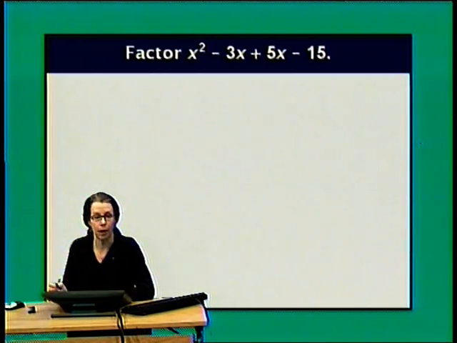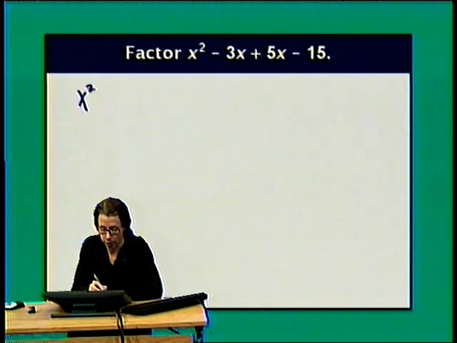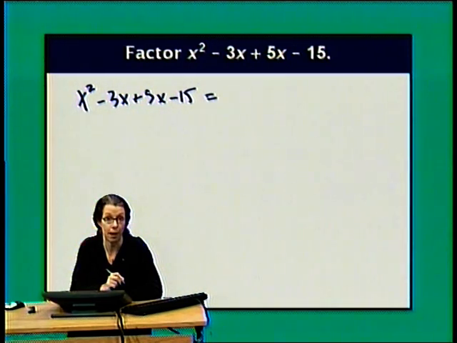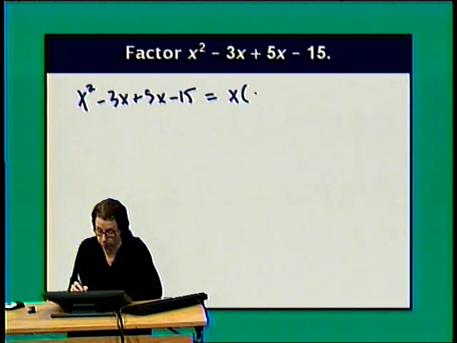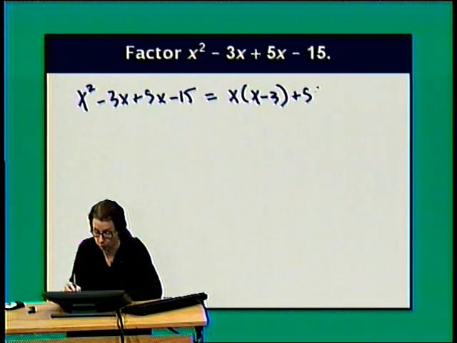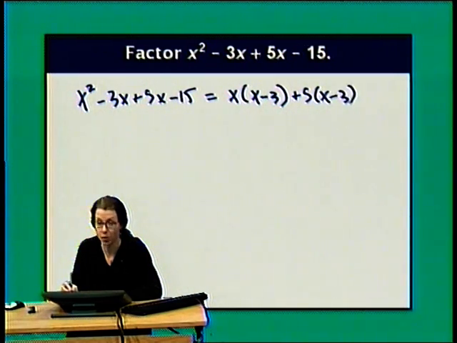Let's try it one more time. X squared minus 3x plus 5x minus 15. Let's start by factoring by grouping. Factoring out the common factor of x from the first two terms leaves behind a factor of x minus 3. Factoring out 5 from the last two terms leaves behind x minus 3.